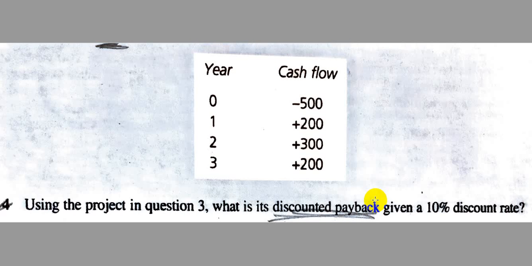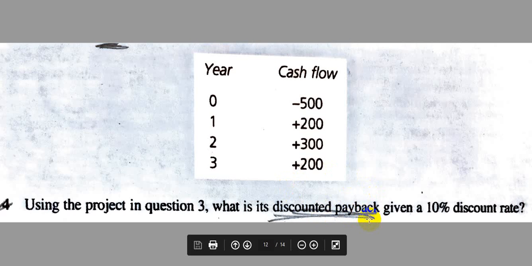So what is going to happen here is to adjust it to the discounted payback period, and at a 10% discount rate, we get our discounted payback period.